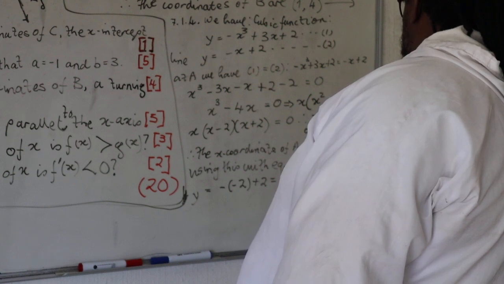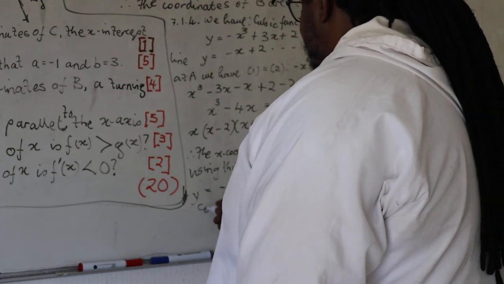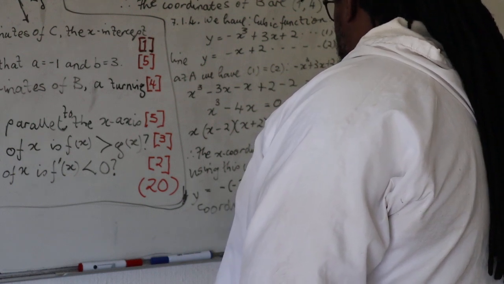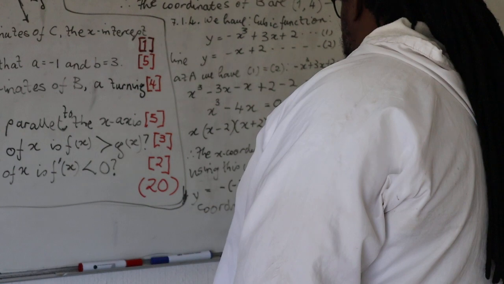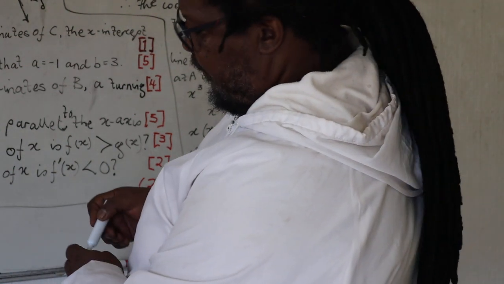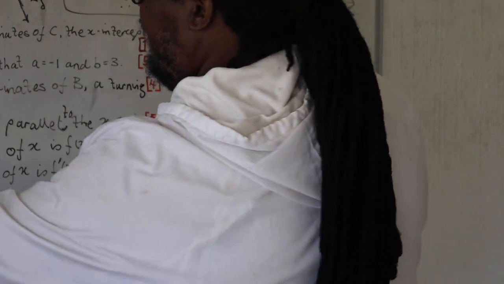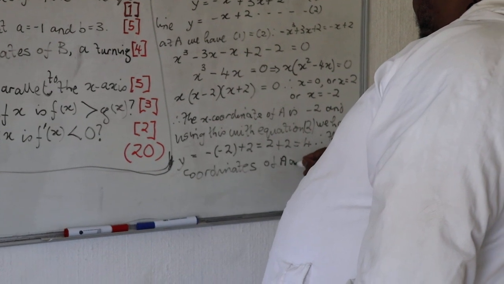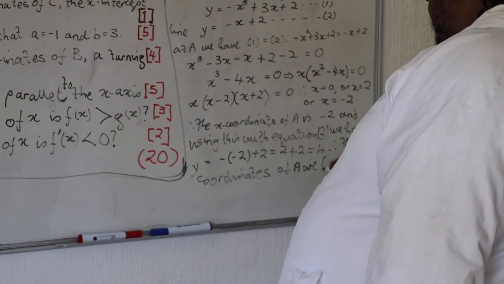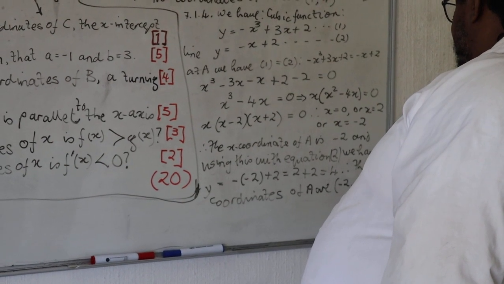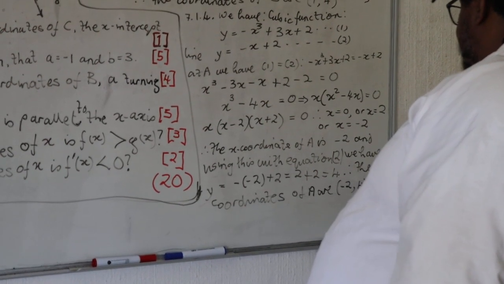Therefore, the coordinates of A are x is minus 2 and y is 4.